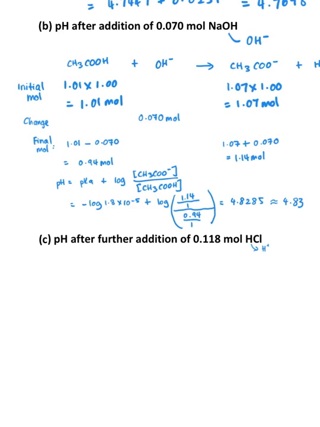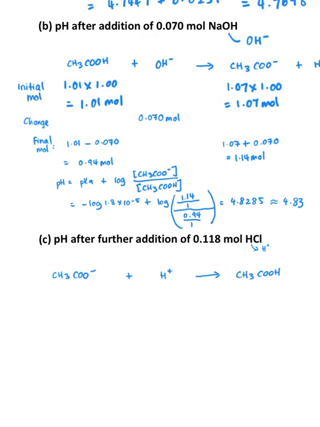So let's first write out the reaction that happens between acetate ion and HCl. So again, you see that this is an irreversible reaction because HCl is a strong acid. So whenever there's a strong acid or strong base in the acid-base reaction, it is going to be an irreversible reaction.